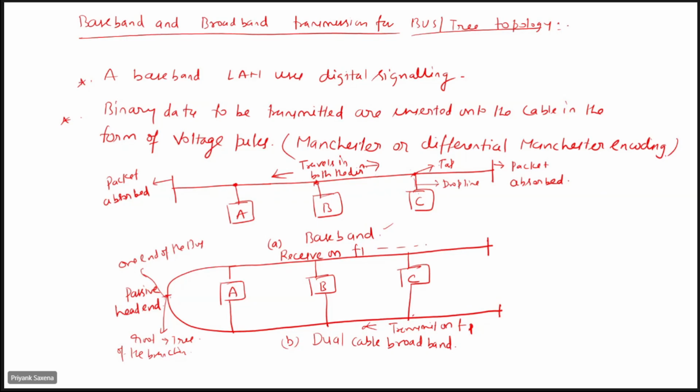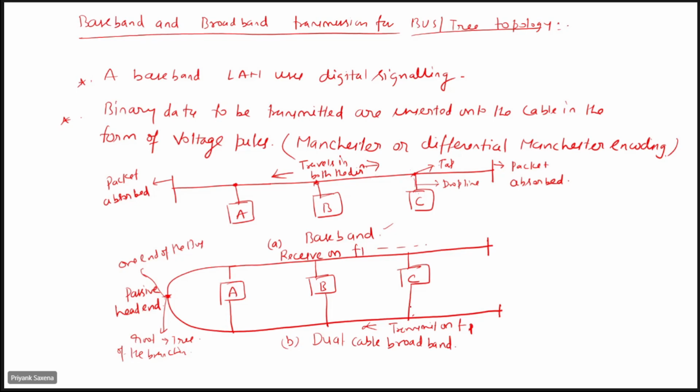So what we do is use a broadband called dual cable broadband. Here we have two cables, right? There is a passive head end from where the cable starts. There is one cable that receives on a frequency, so the stations are connected in this way. There is another cable here.